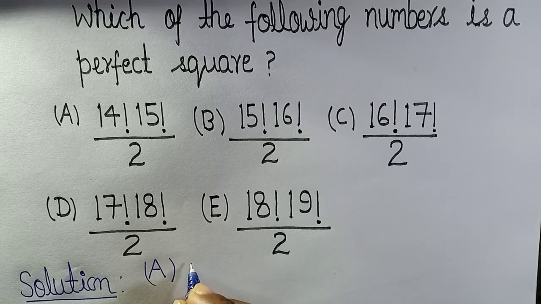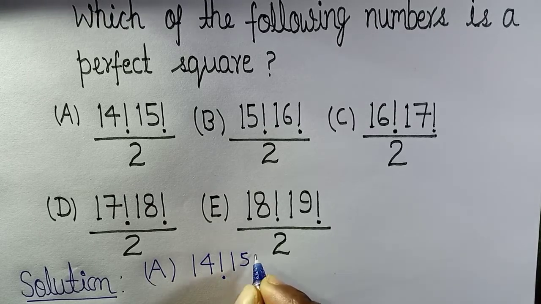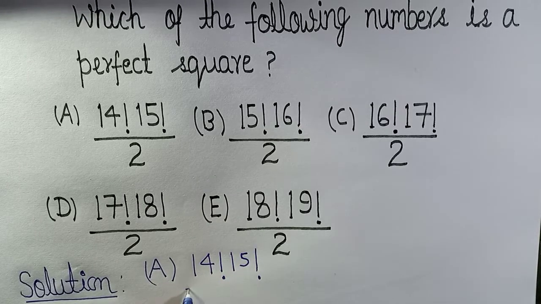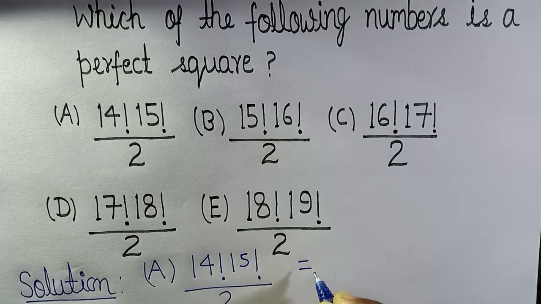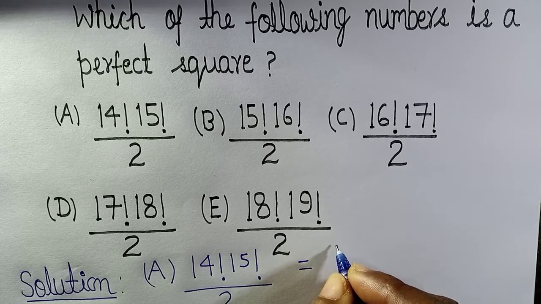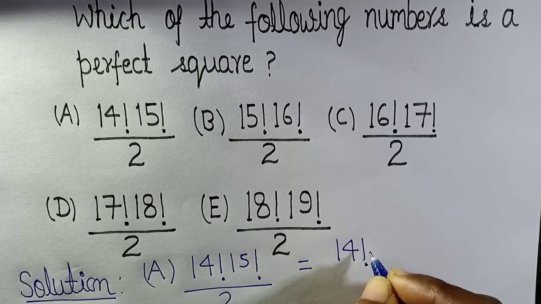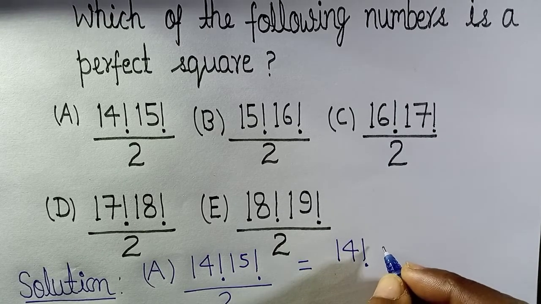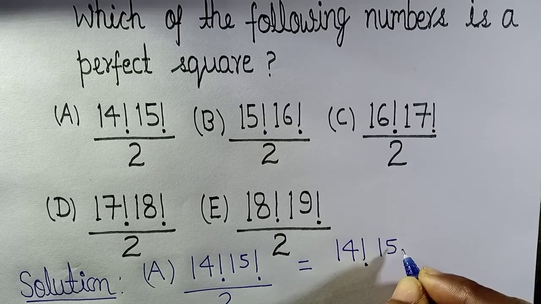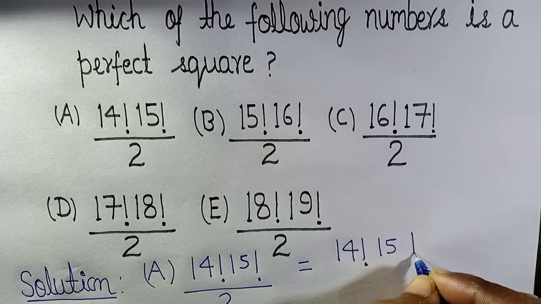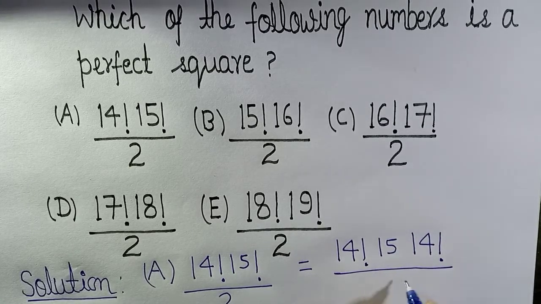Option A is factorial 14 times factorial 15 over 2. So we can write it as factorial 14 times 15 into factorial 14, all over 2.